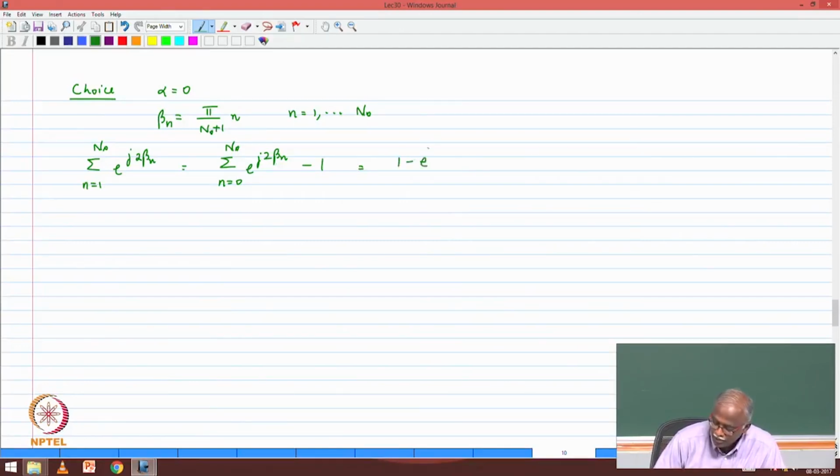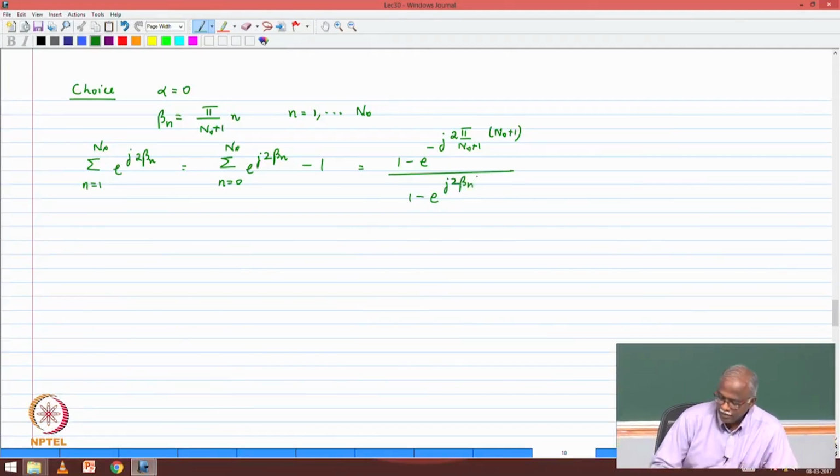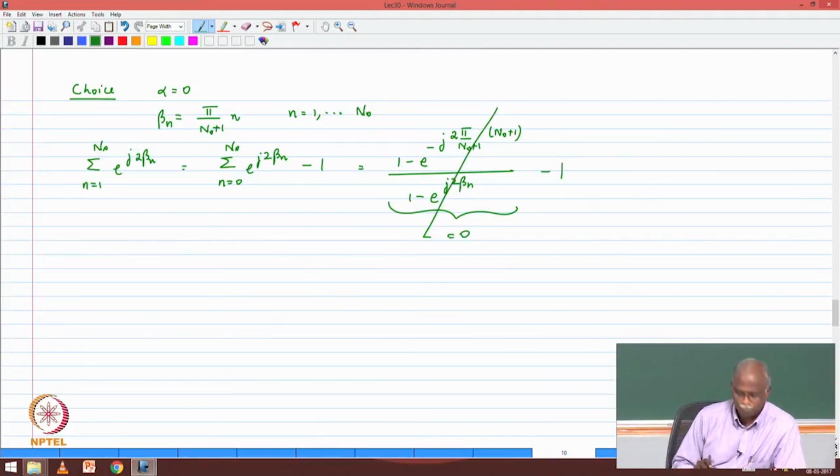This comes out to be 1 minus e power j 2 times pi over (n naught plus 1) into (n naught plus 1), with denominator 1 minus e power j 2 beta n. The important thing to remember is that this numerator term is equal to 0. There's a minus 1 sitting there on the right side. The reason for this is, what is this one?